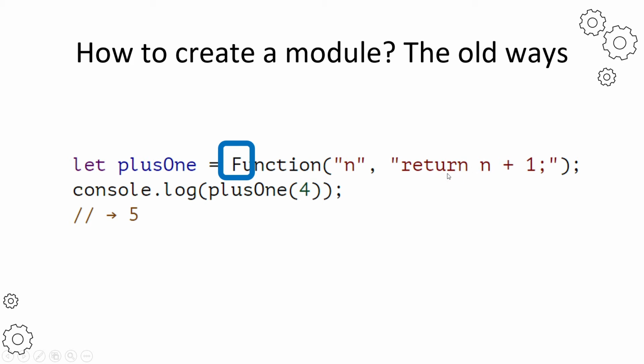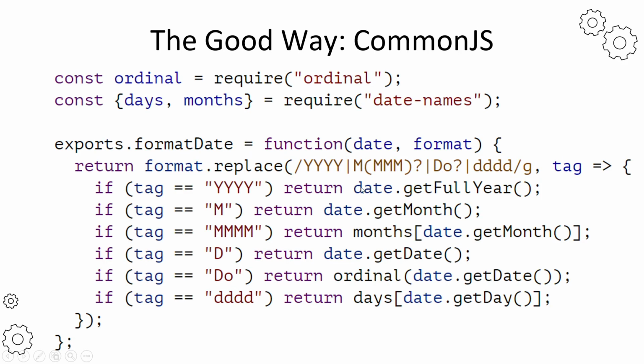It's the actual code of the function, right? So as you can see, it just returns n+1. So you got the result in this example. So you pass in 4, you get 5, right? So this is good enough for creating a module, as everything is wrapped into a function. But again, it's not the best way to do it.